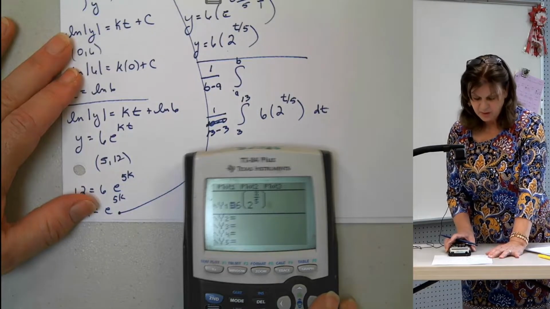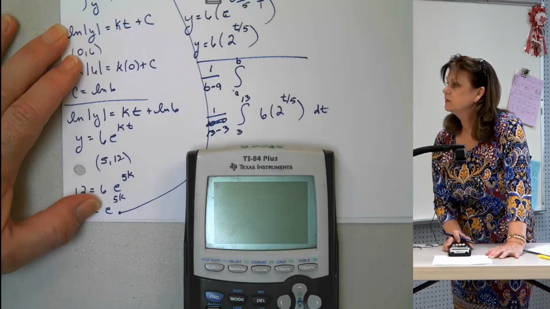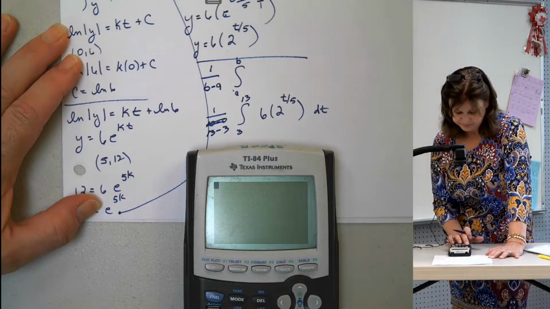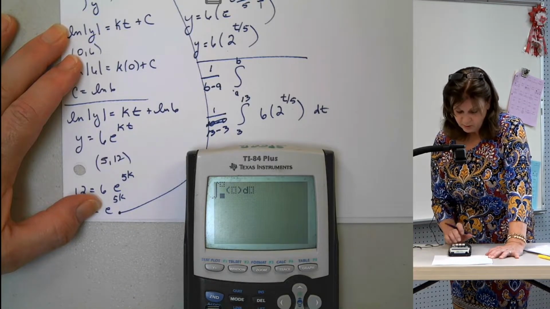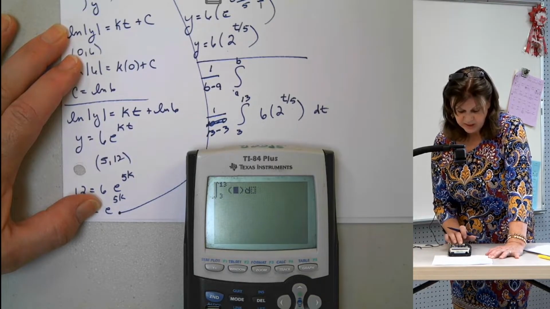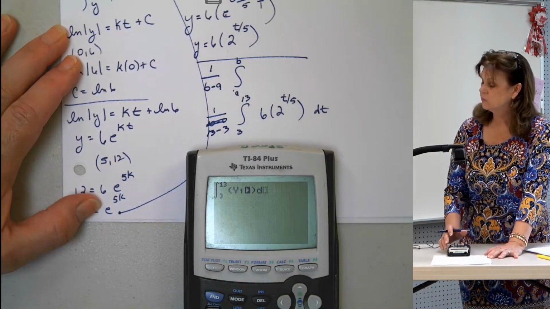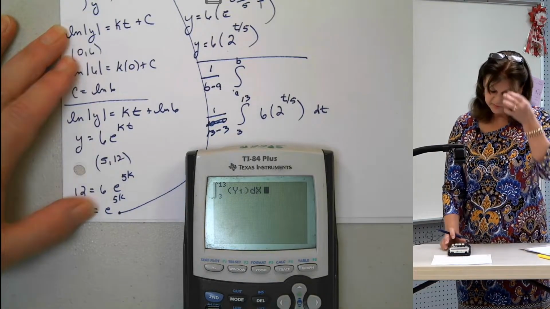Okay. Going back to my home screen. Let me just clear out everything I've got there. Math 9. We're integrating from 3 to 13. And we're going to go pick up the equation we just typed in, vars y 1. And of course, it's always with respect to x.